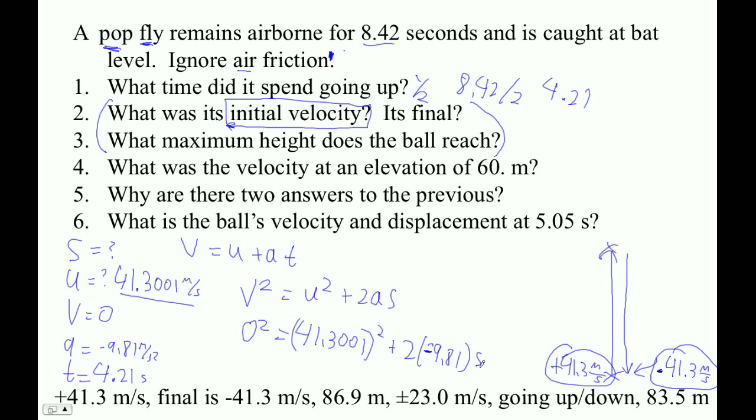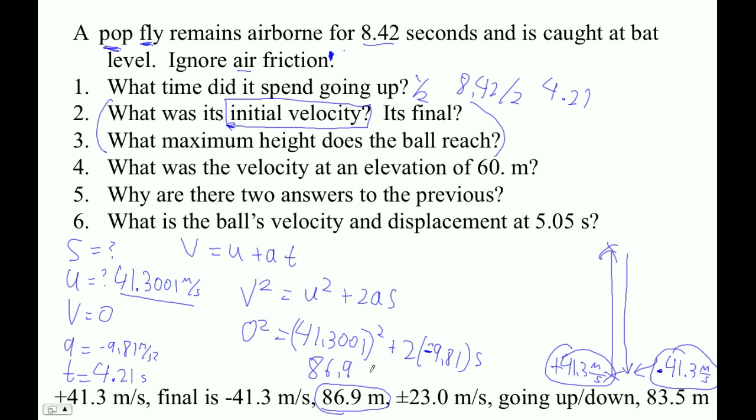So I'm going to square this, divide by 2, divide by 9.81. That gives 86.94, so 86.9 meters.